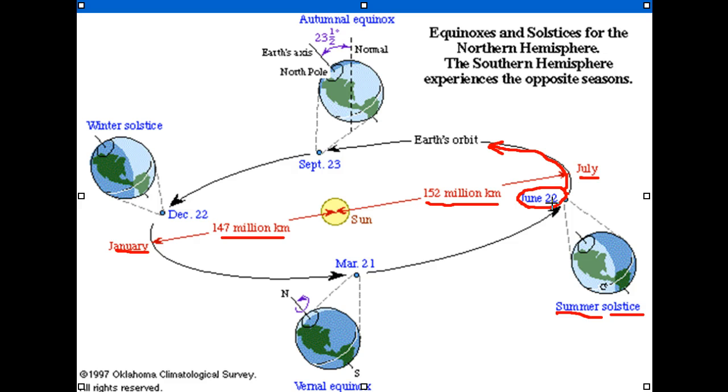Therefore, we get the most direct sun rays on that date in the northern hemisphere. Again, get that in your notes. I know this is a lot, but it's really important. So on June 22nd, the sun is as far north as it can get, and we get the most direct sun rays on that date.